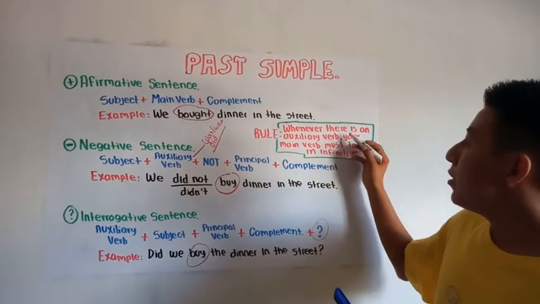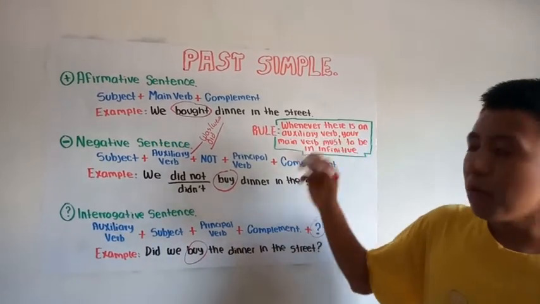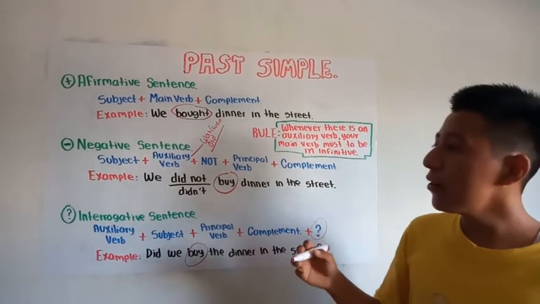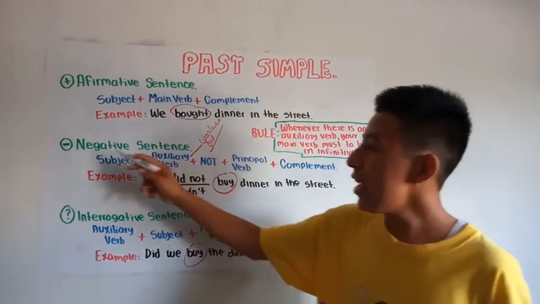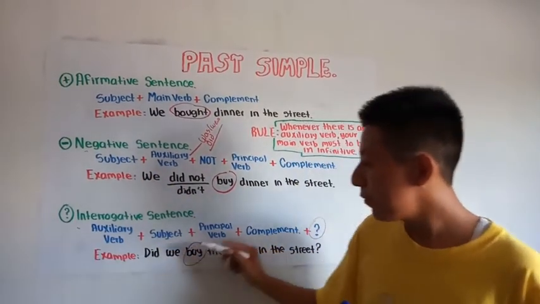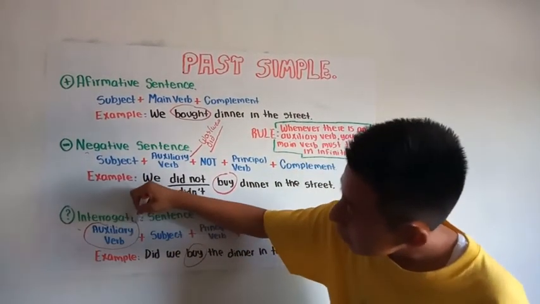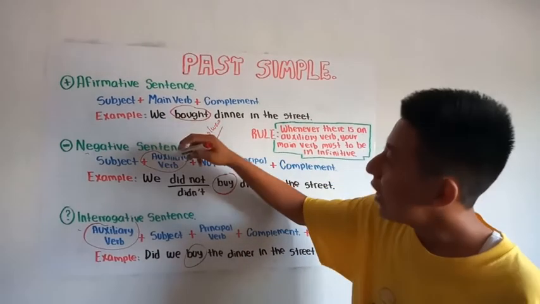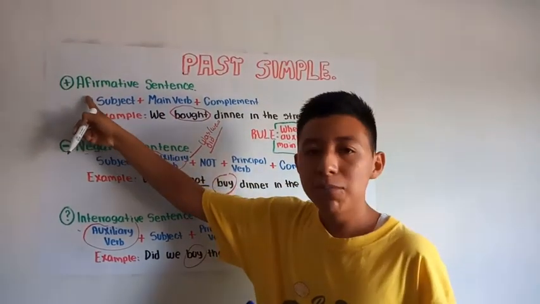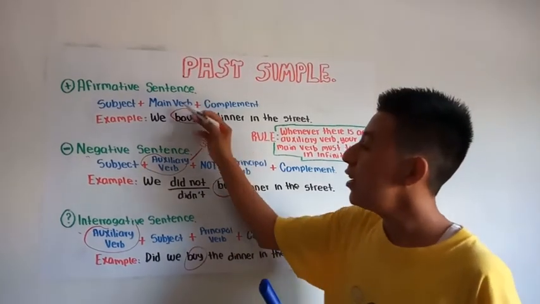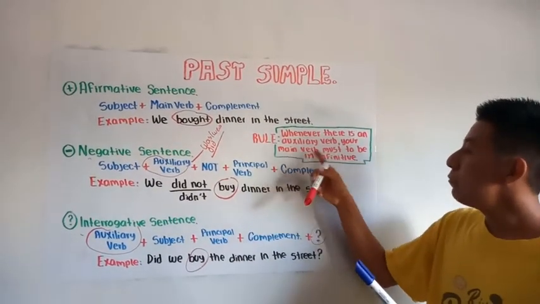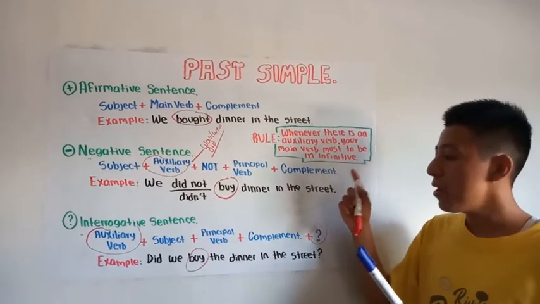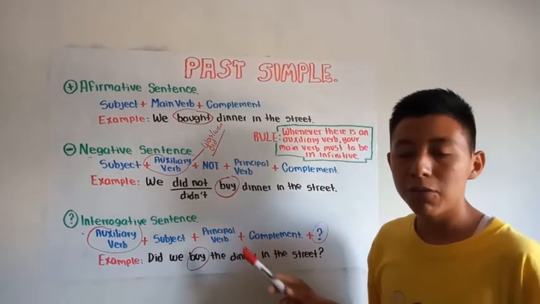Whenever there is an auxiliary verb, where is there an auxiliary verb? In what form? In negative and interrogative. In the affirmative sentence, there isn't an auxiliary verb. Your main verb must be in infinitive. Your main verb or your principal verb, whatever.